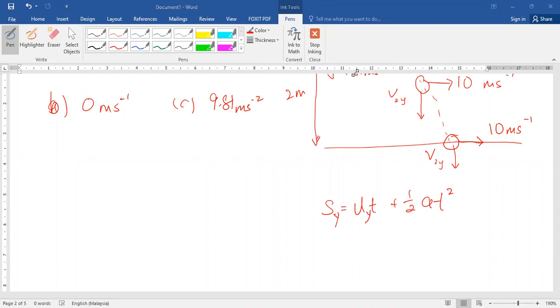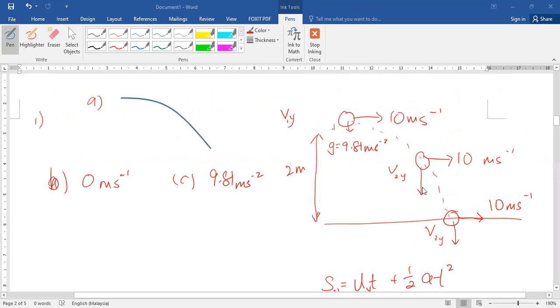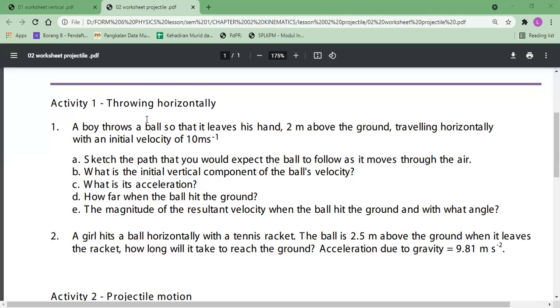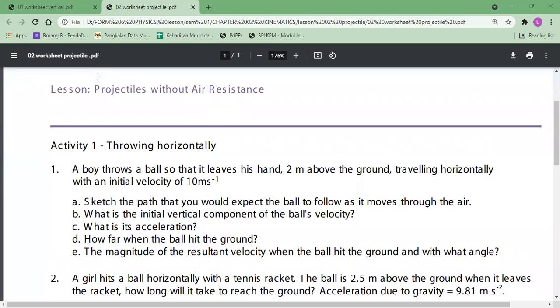Now when we throw out an object with 10 m/s, let's look back at the question. You see, throwing horizontally, but projectile without air resistance.